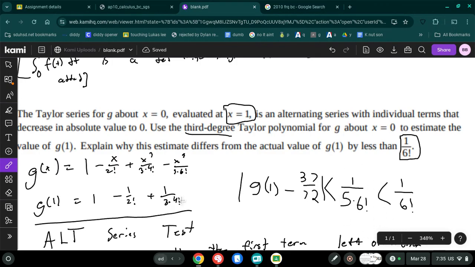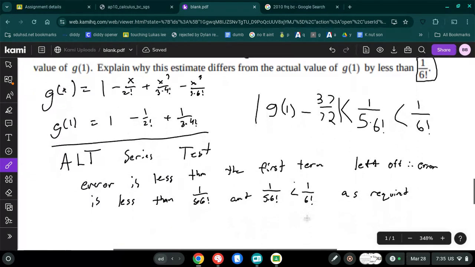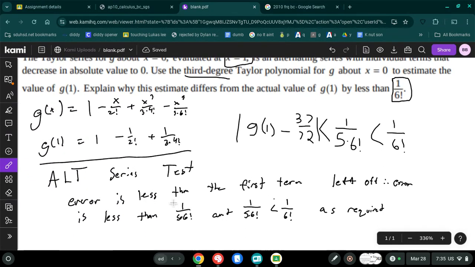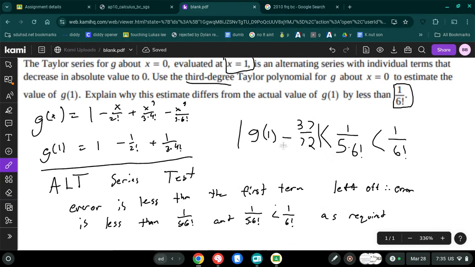If this were bigger, it would not work at all. So we would state the alternating series test for error as less than the first left out term. So the error is less than 1 over 5 times 6 factorial, and 1 over 5 times 6 factorial is less than 1 over 6 factorial, as required by the alternating series test.